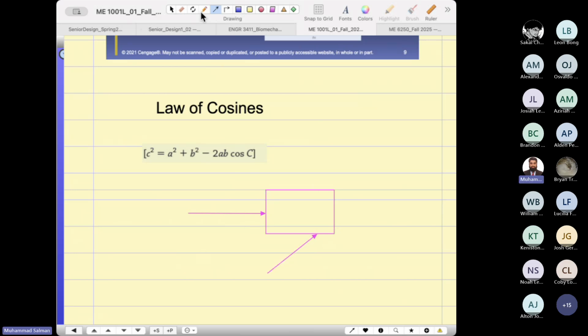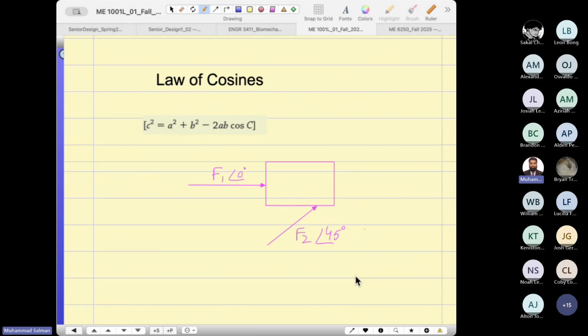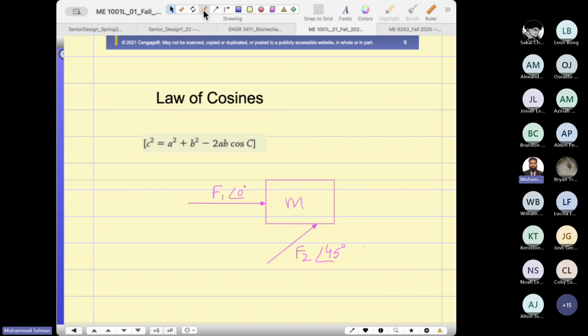How are you going to use this? Suppose this is F1 at a certain angle, maybe 0 degrees, and F2 at maybe 45 degrees. Suppose this is 10 newtons and this is maybe 20 newtons.